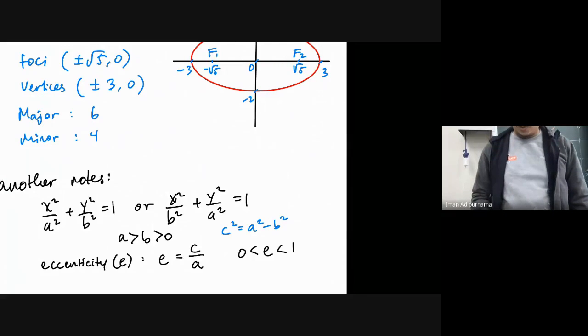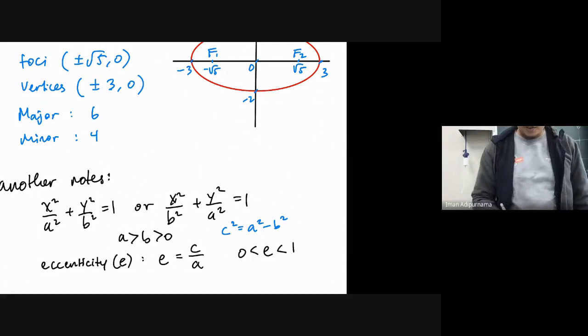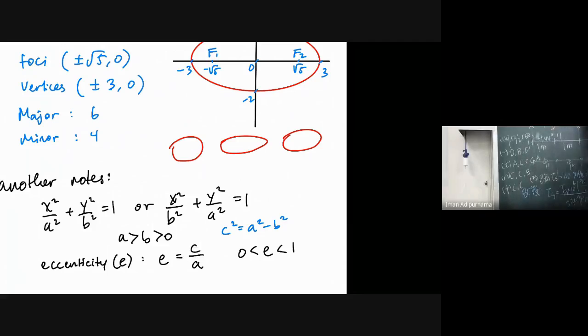What does E actually represent? You know, the ellipse, we can draw an ellipse like this, or this, or this, right? So the eccentricity will determine the shape of the ellipse.